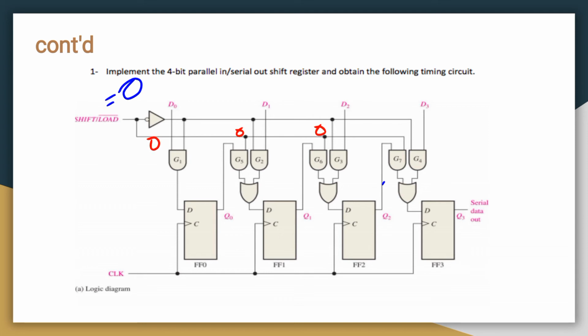Then after the complement, the output is 1, 1, 1 and here it is 1. So these are the outputs after the load is applied is equal to 1, nothing but the complement of load is equal to 0. So this is the output of the load line.